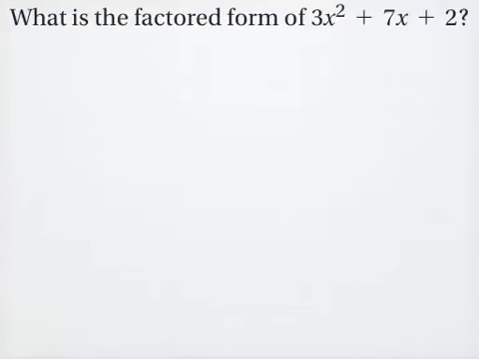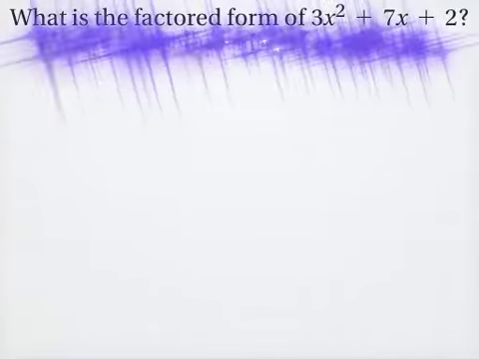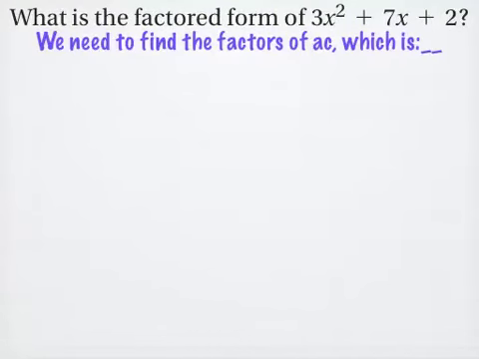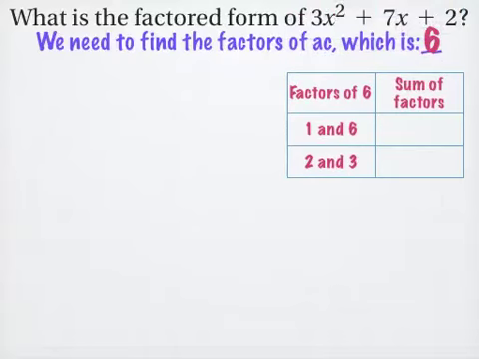This first example says, what is the factored form of 3x squared plus 7x plus 2? Notice in this case my a is 3 and my c is 2. We need to find the factors of ac, which is 3 times 2, which is 6. Just like yesterday, we're going to make our table, but now we're going to write the factors of a times c, which is 6 in this case.